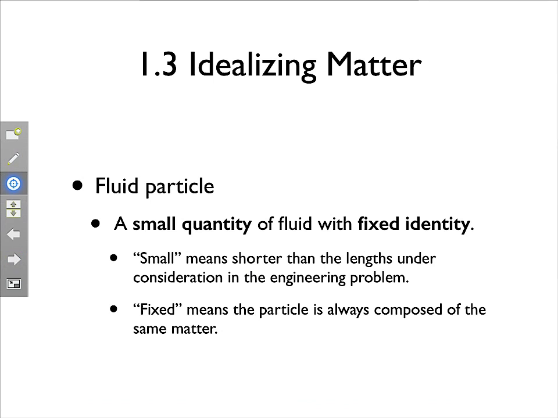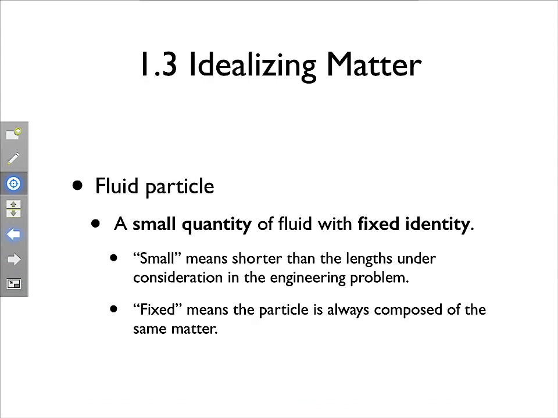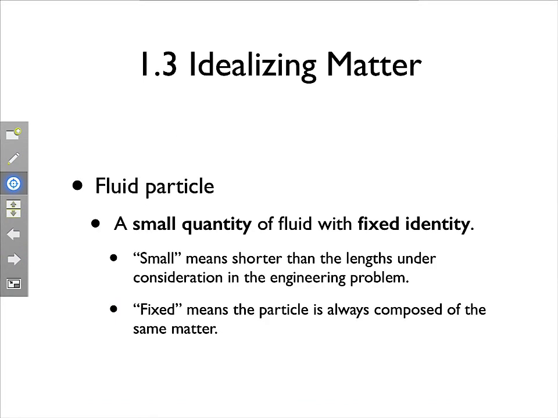It's always the same molecules of fluid or water hanging together with a fixed identity. Okay, so we've got these concepts for idealizing matter or fluid that we're going to apply all through this course. These are things that we're going to assume and use.